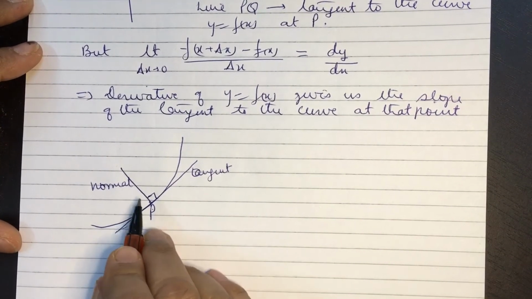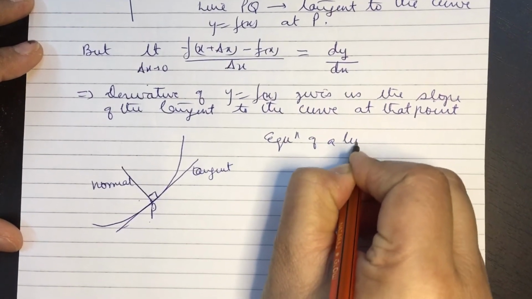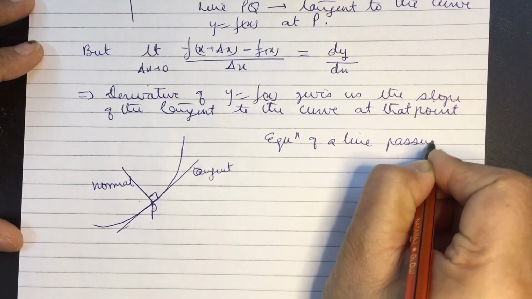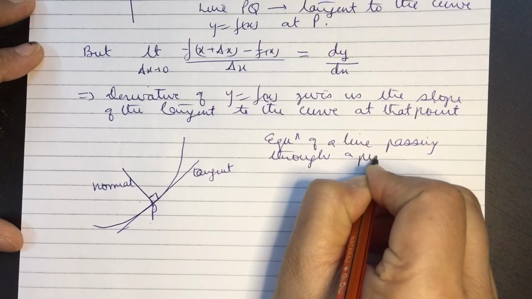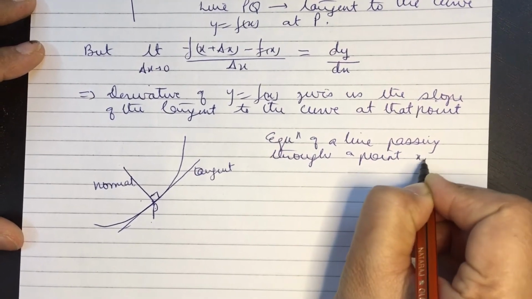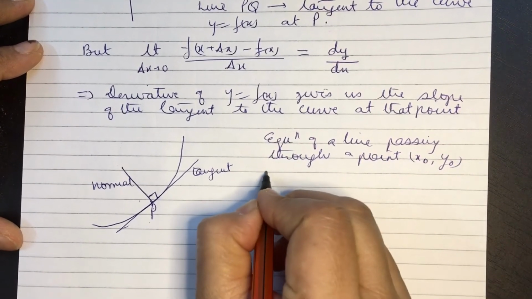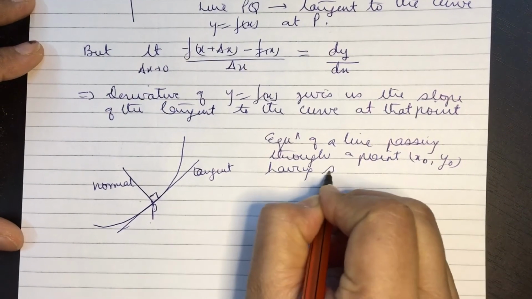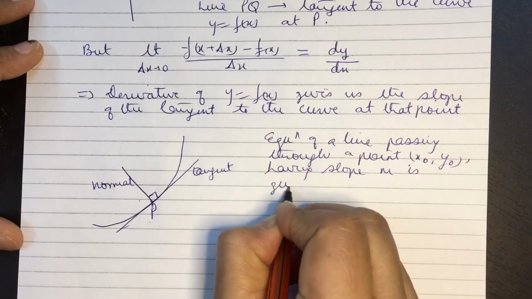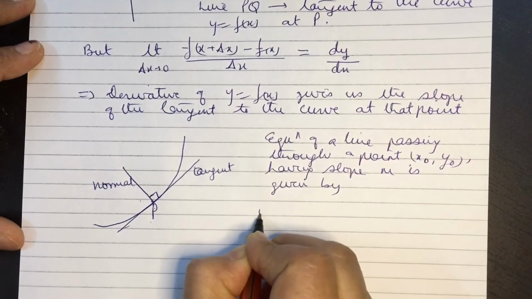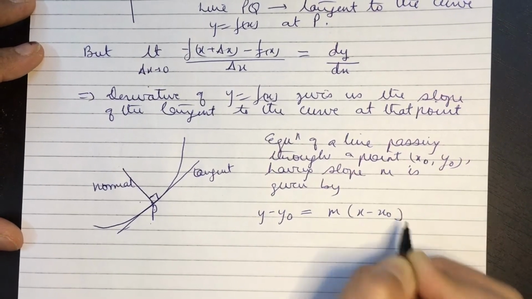you all are already aware that the equation of a line passing through a point, let's say (x naught, y naught), having slope m is given by y minus y naught equal to slope times x minus x naught.